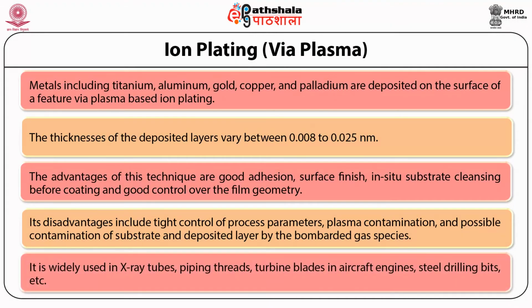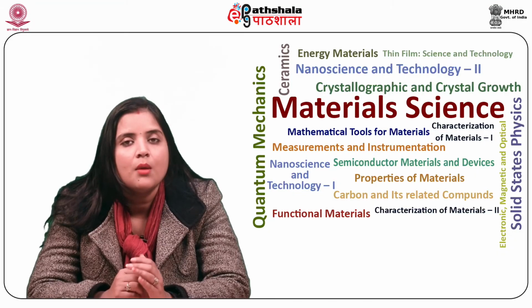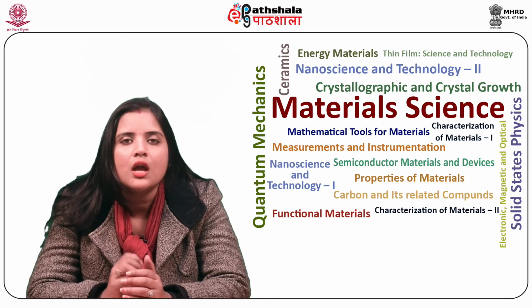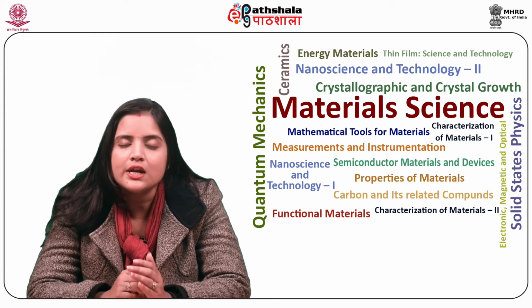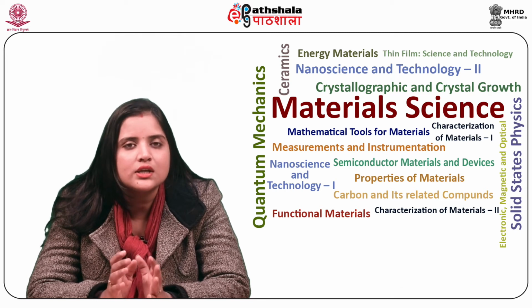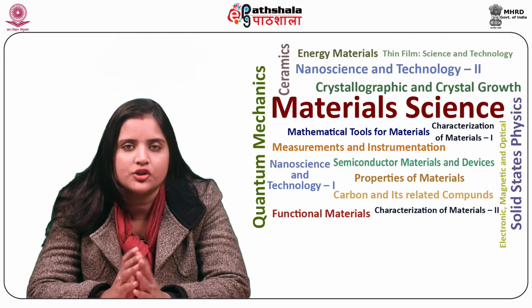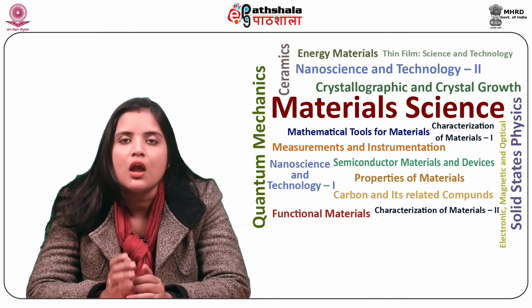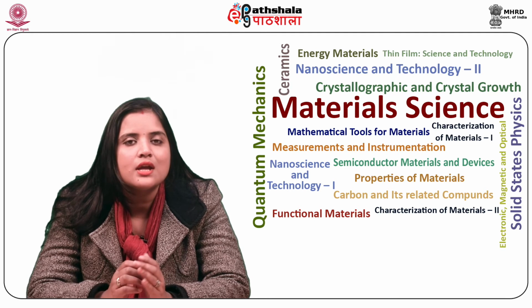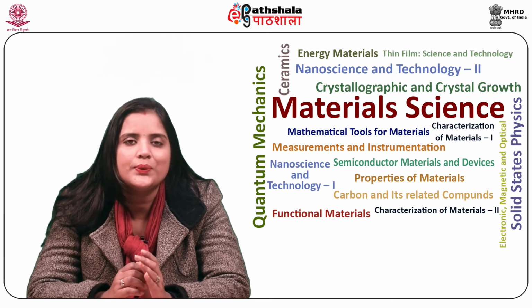It is widely used in X-ray tubes, piping threads, turbine blades in aircraft engines, steel drilling bits, etc. Before performing the experiment, the reaction chamber is evacuated to a pressure of 10^-4 to 10^-7 torr range. Then, the heating element is turned on and with a constant flow rate, carrier gas is introduced into the chamber.